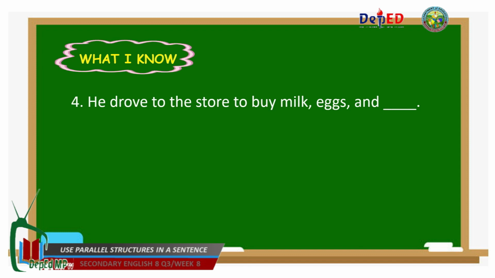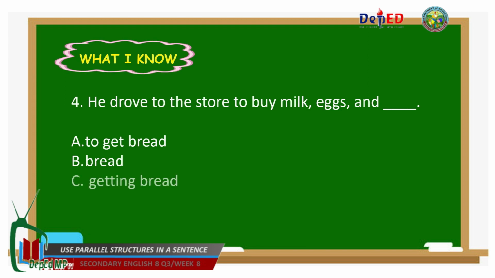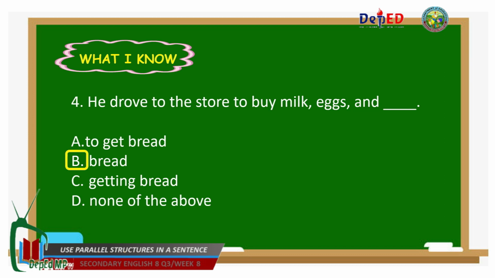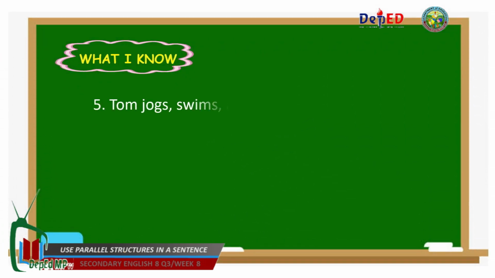4. He drove to the store to buy milk, eggs, and blank. A. To get bread, B. Bread, C. Getting bread, D. None of the above. The answer is B. Bread. 5.